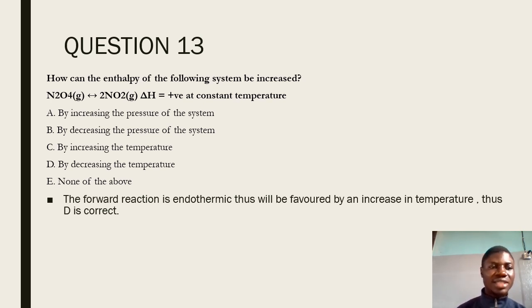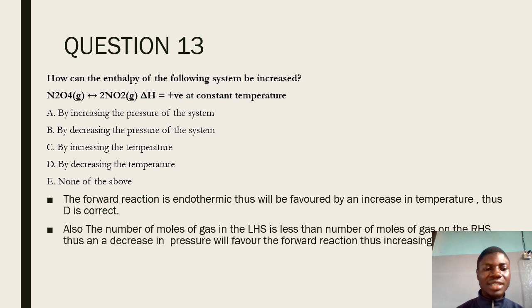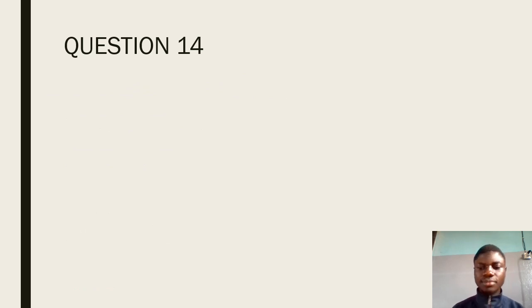From this, we can see that the left hand side has 1 mole of gas and the right hand side has 2 moles of gas. It therefore implies that the number of moles of gas on the left hand side is less than on the right hand side, and as a result a decrease in pressure is going to affect it, because it's going to lead to a shift of the equilibrium position to a direction that tries to increase the pressure, which is to the right, therefore increasing the enthalpy of the system.